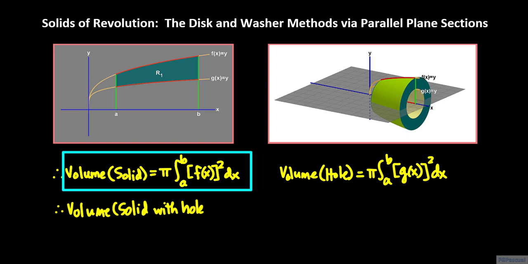Therefore, the volume of the solid with the hole is pi times the integral from a to b of the square of f of x minus pi times the integral from a to b of the square of g of x.